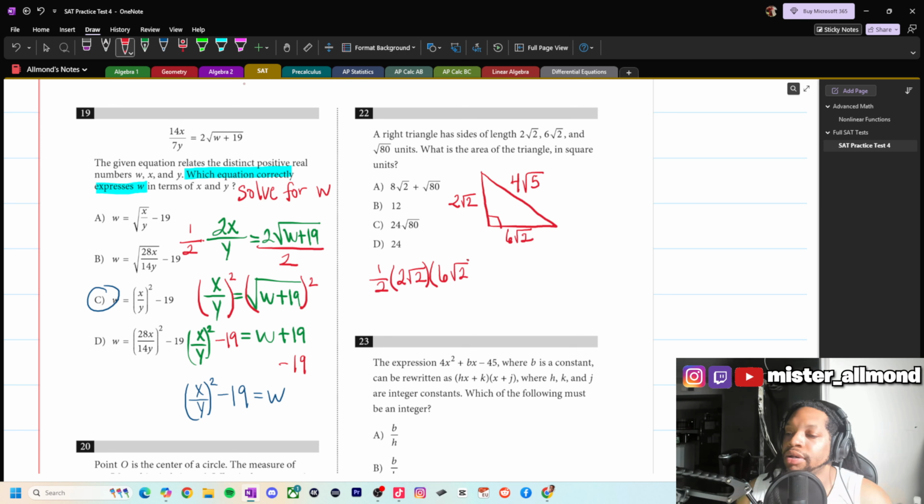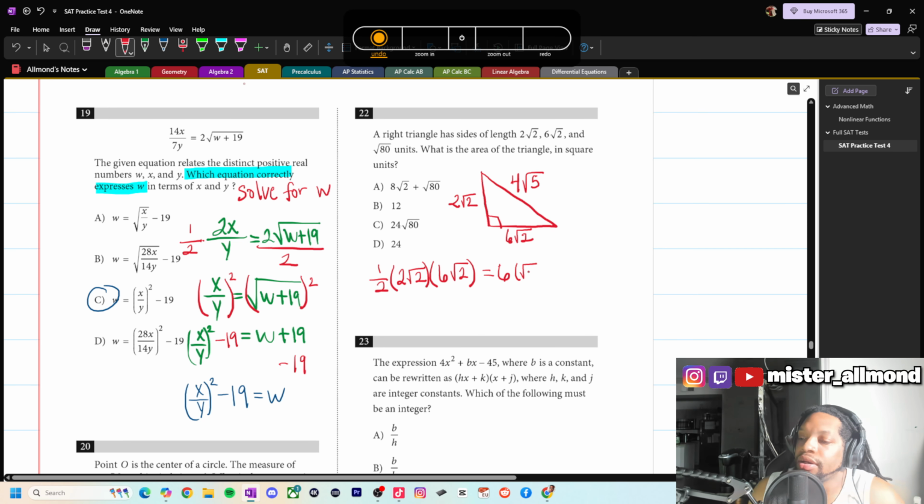It doesn't matter. Okay, so I got a 1/2 times 2. That's just 1. And then that times 6. 1 times 6 is 6. And then root 2 times root 2 is 2. I guess I should write at least a little bit of what I'm doing. So I'm getting B.